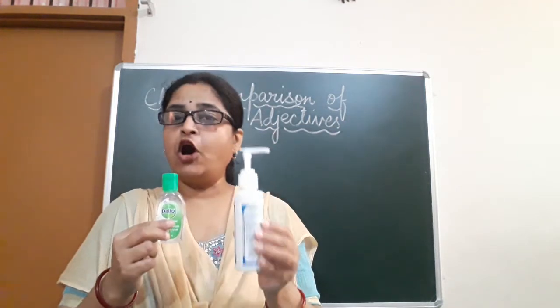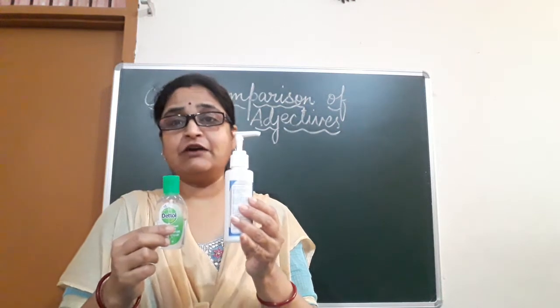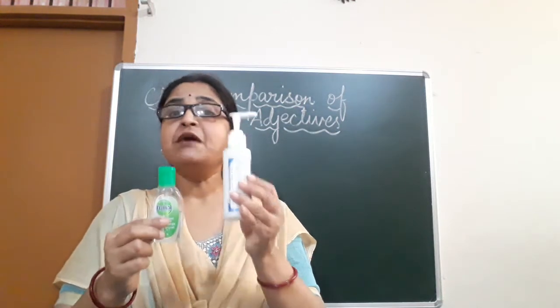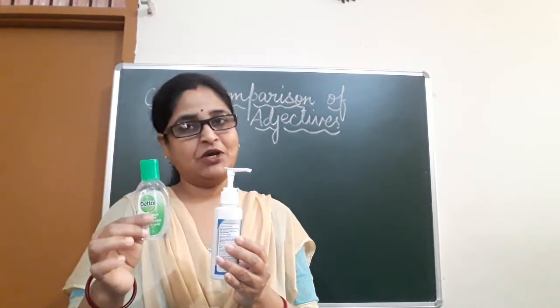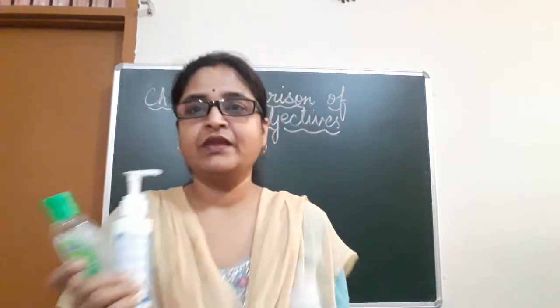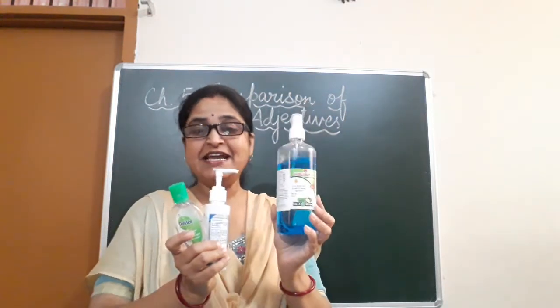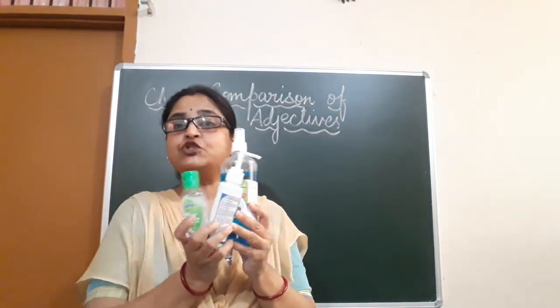Or we can say the white bottle sanitizer is bigger than the green bottle sanitizer. Now I'll show you one more. See, this is the biggest, isn't it? It is bigger than these two.